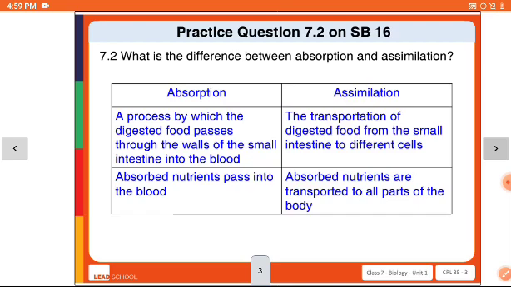What is the difference between absorption and assimilation?